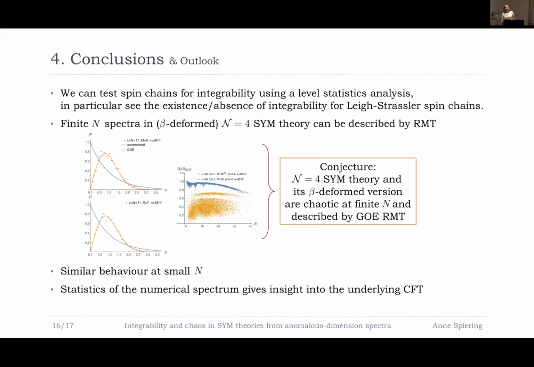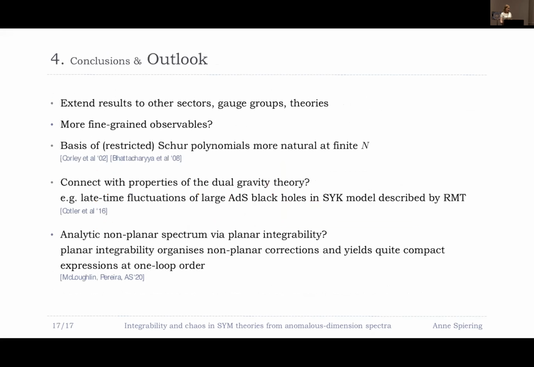And then maybe more generally, I think the statistical analysis of numerical spectra just from direct diagonalization can give a good insight into the underlying theory, in particular when we don't really have an analytic approach yet. Since it's quite a general technique, you could extend it well to other sectors of N=4, maybe other gauge groups, and then of course also to other theories like ABJ.